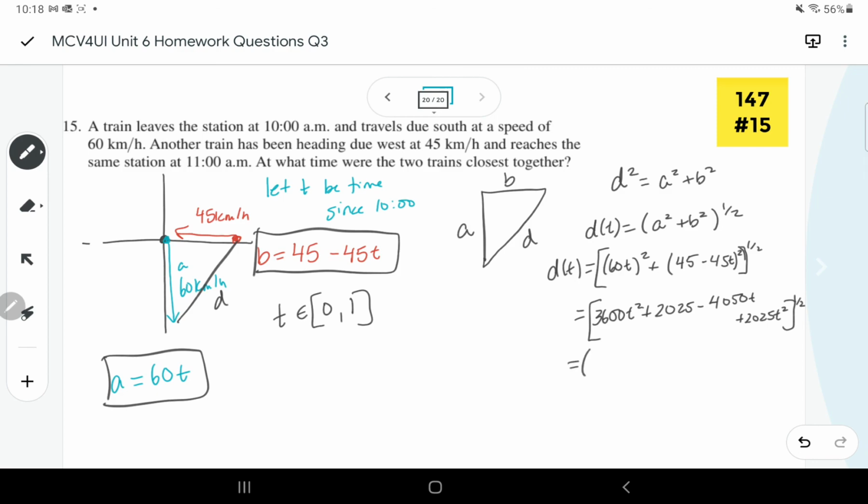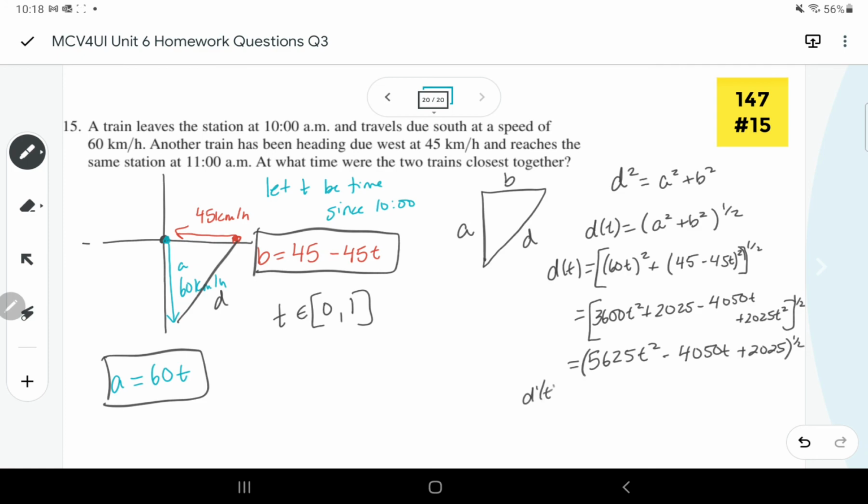And again, clean this up a little bit. So here I've got 5625t squared minus 4050t plus 2025 to the exponent 1/2.